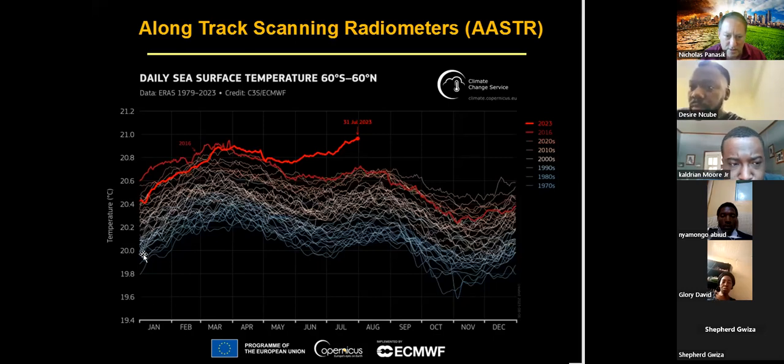One of the things you might be noticing is that these tracks are getting higher and higher. In the 2010s, we have this lighter red color. The 2020s is this darker red. And for 2023, the current year that we're in, these are the measurements up until July of 2023.